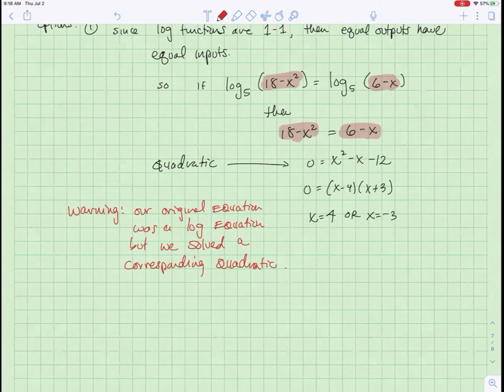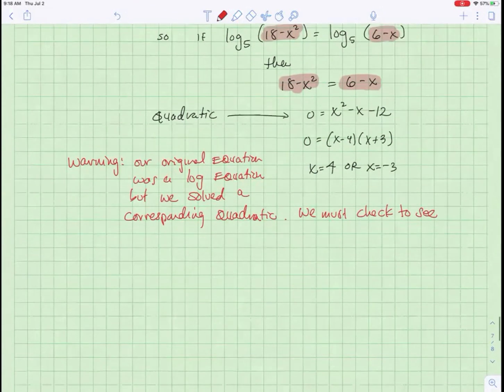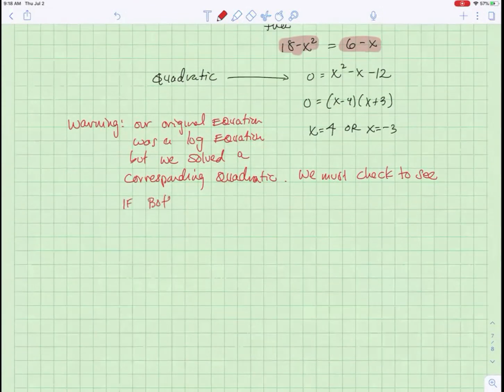Now, we must check to see if both answers are correct.